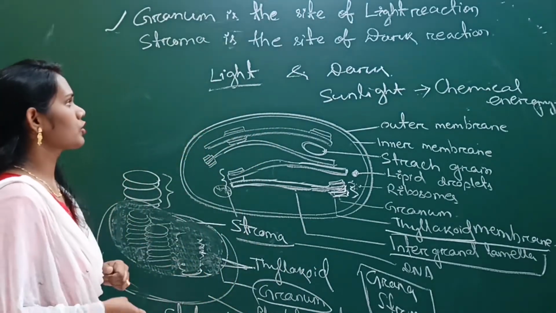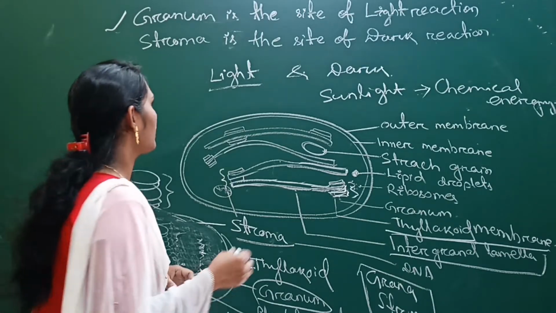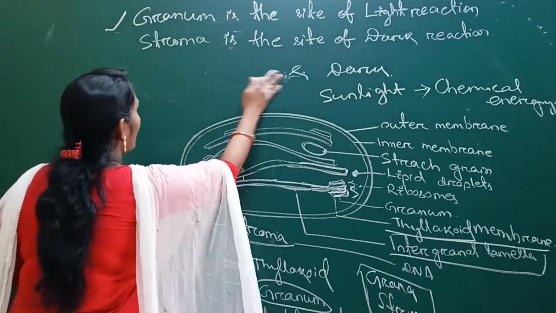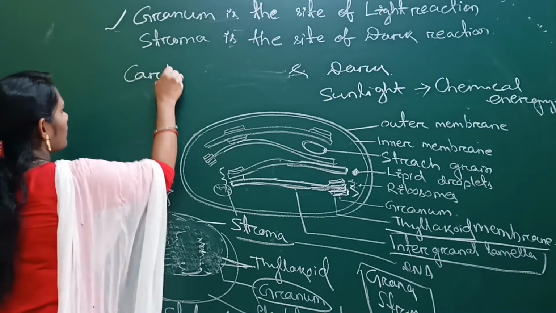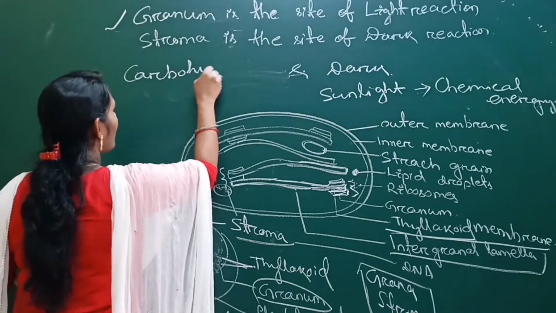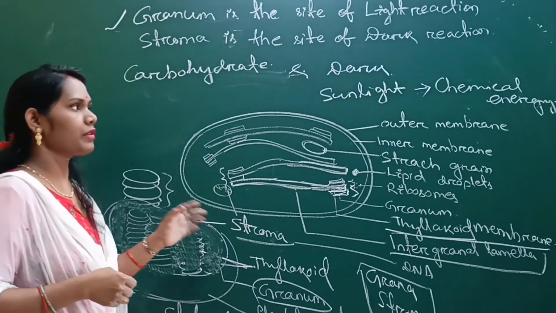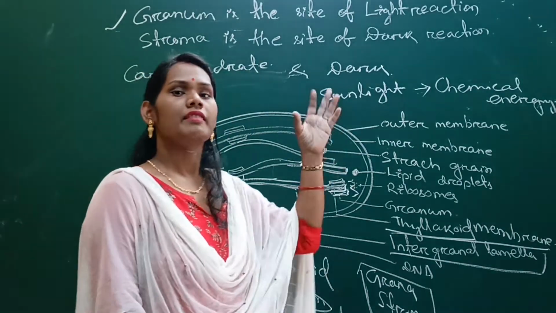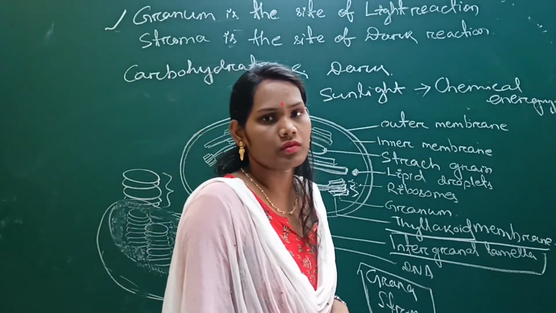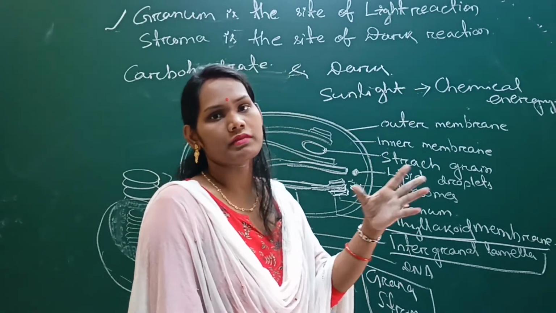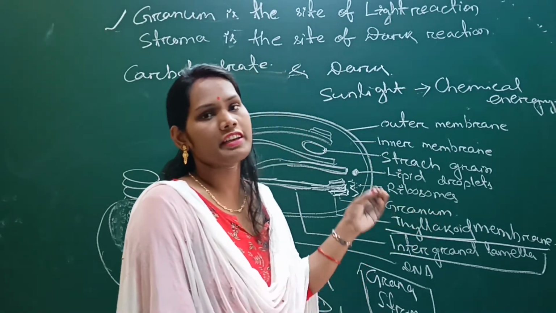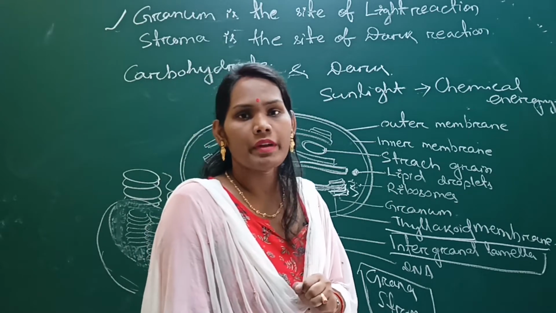So stroma is the site of dark reaction. Okay, so in the dark reaction, the main product of photosynthesis, which is carbohydrate, is produced by using the energy which is released from light reaction. Okay, light reaction normally releases energy by converting solar energy to chemical energy.